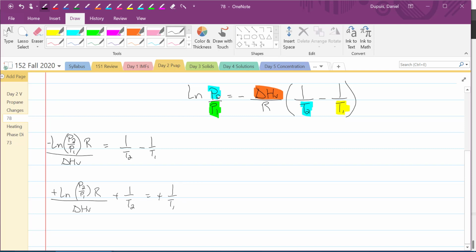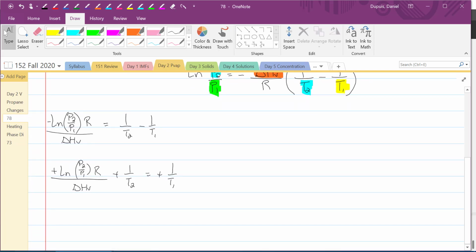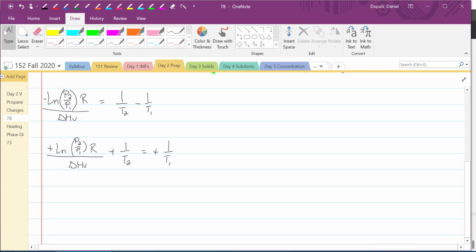Boom, boom. Alright, now I got T1 on the bottom. I don't want T1 on the bottom. I want T1 on the top. So we can just invert everything, if you're okay with that. Alright. Which would be, well, you multiply both sides by T1 and divide.